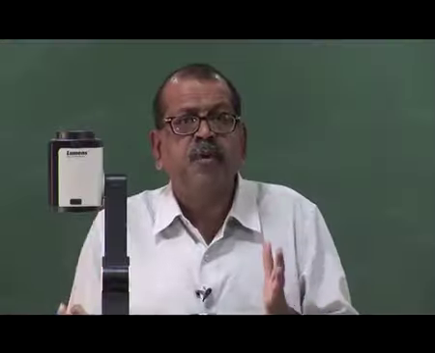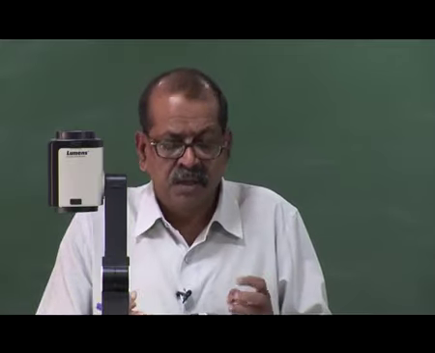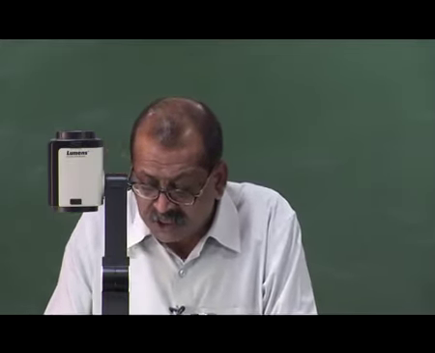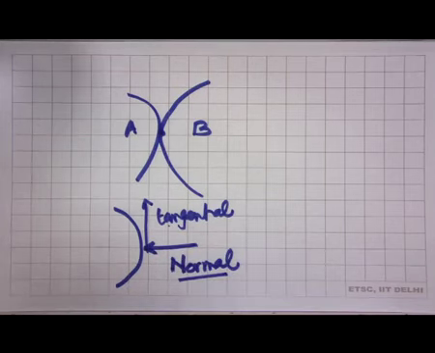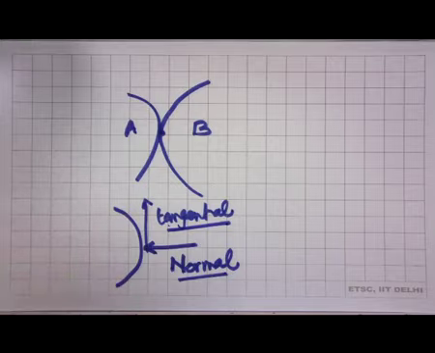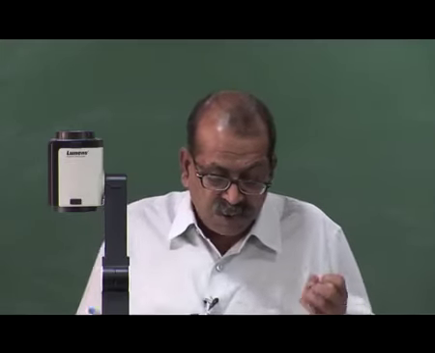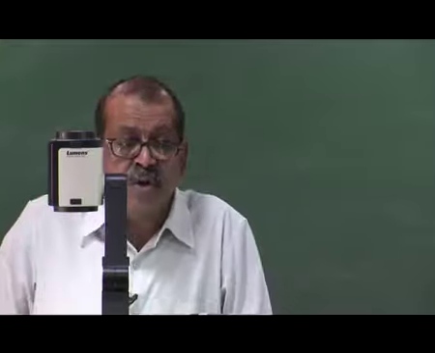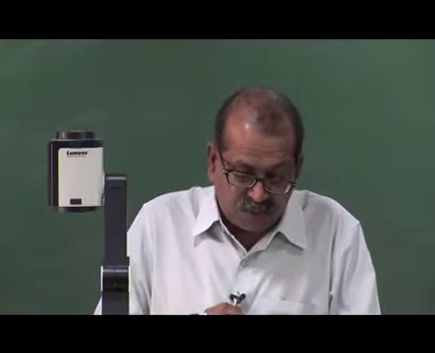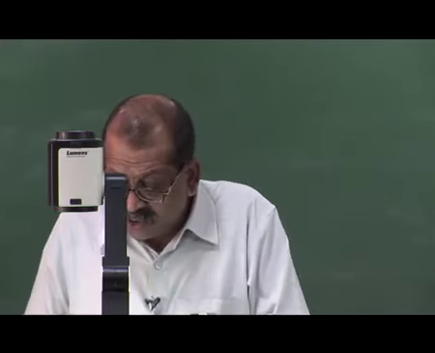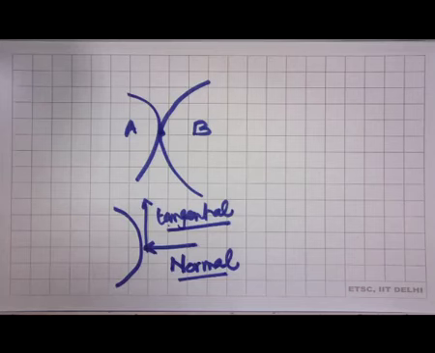So, the contact force between bodies A and B will be divided into two parts: a normal component, which is perpendicular to the two areas, and a tangential component, which is in the tangential direction. This is the first thing we do to a contact force. Of course, we have not yet talked about what the normal force and the tangential force are, but the first thing we do is divide the force into two parts.